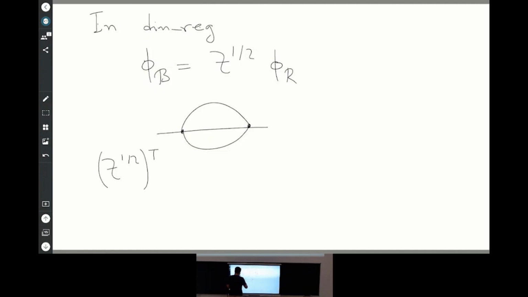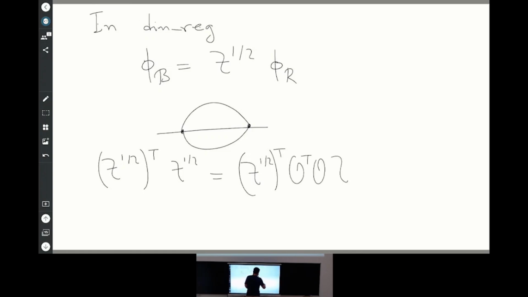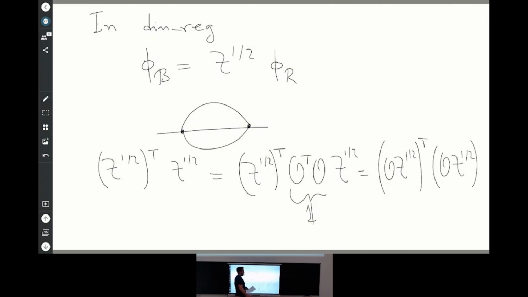Now these are many fields, so z to the 1/2 is a matrix. But I have the freedom, if this is the identity, to rotate this z to the 1/2 with anything I want.